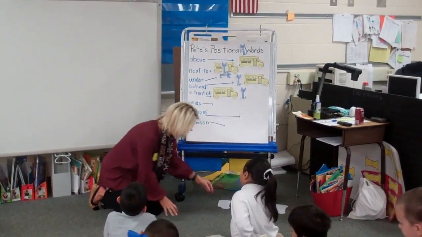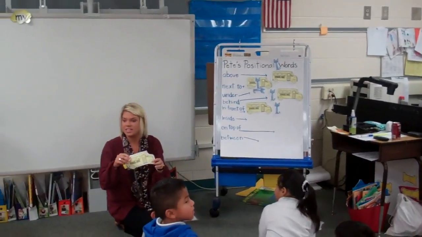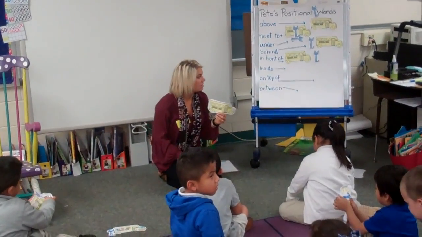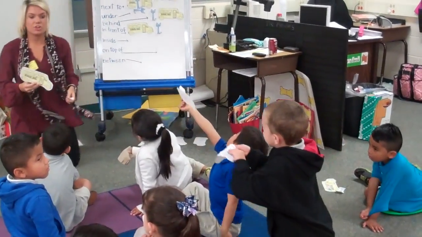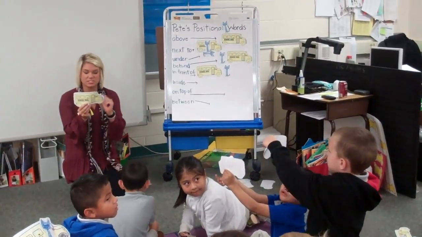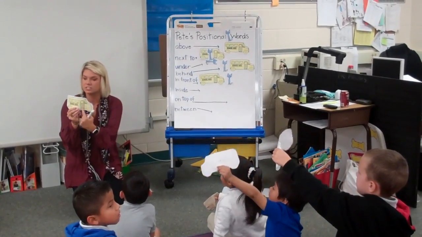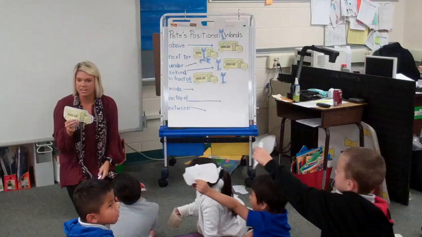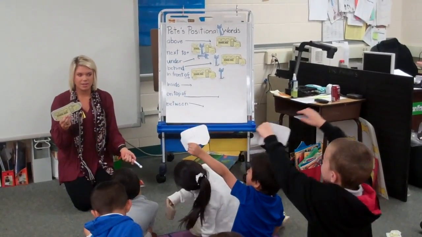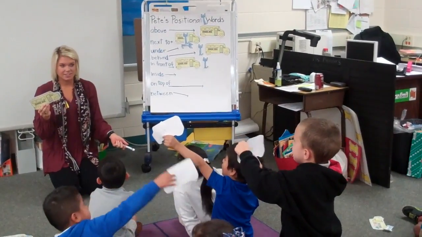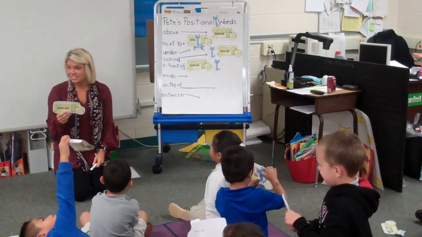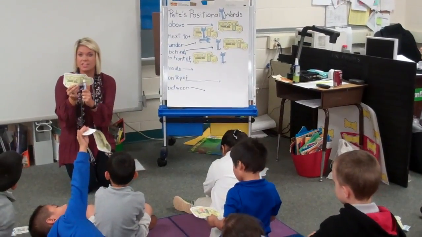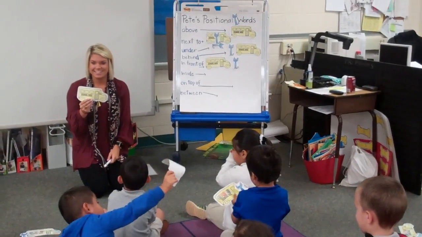Inside. This one's a little tricky. How do we get Pete inside of this bus? So y'all are putting him inside the door. So what if I just color this door and pretend that Pete's inside there? No. Why not? Because that looks like he's outside of the bus, right? So I should just color this and pretend Pete's inside? Yes.